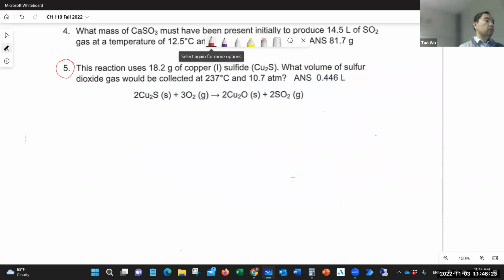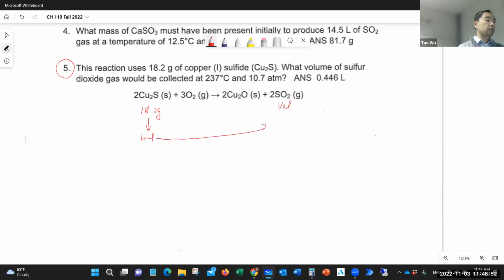Okay, so now we have this equation and you see what we have. We have 18.2 gram of the copper 1 sulfide, and the question is asking for the volume of the SO2 gas. So first, you probably need to figure out the mole of the copper 1 sulfide.